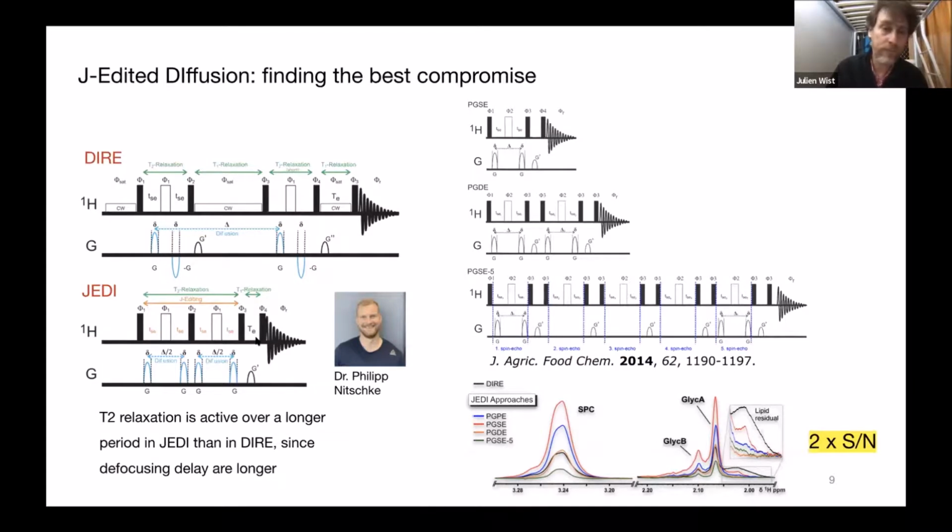The price to pay: by going from Dyer to JEDI, we have a much cleaner spectrum, and we have twice the signal to noise. So this is really attractive. The only downside to this JEDI is that we still have a pretty long T2 relaxation, since we have to wait for the proper defocusing of those multiplets.